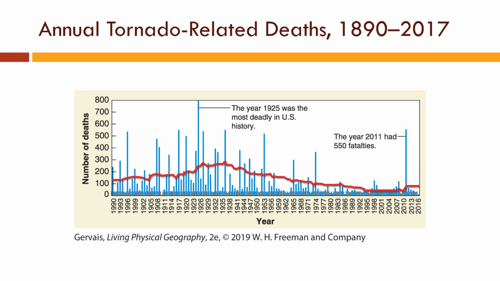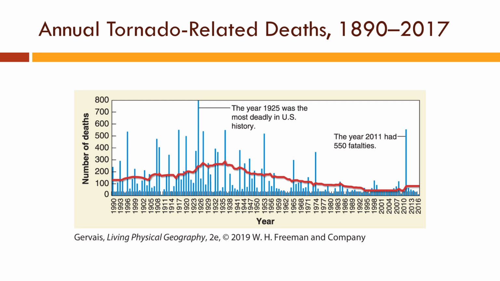And this contradiction is really explained by the development and the application of Doppler radar to provide earlier warnings to people in harm's way. I already told you the year 2011 had an unusually high number of tornadoes and fatalities. Lots of them. The Joplin tornado in Missouri was particularly devastating, killing 158 people.